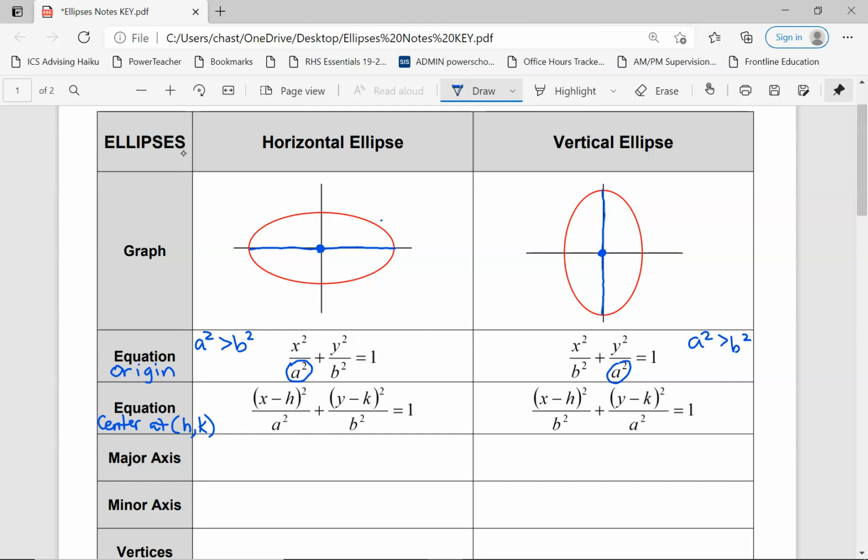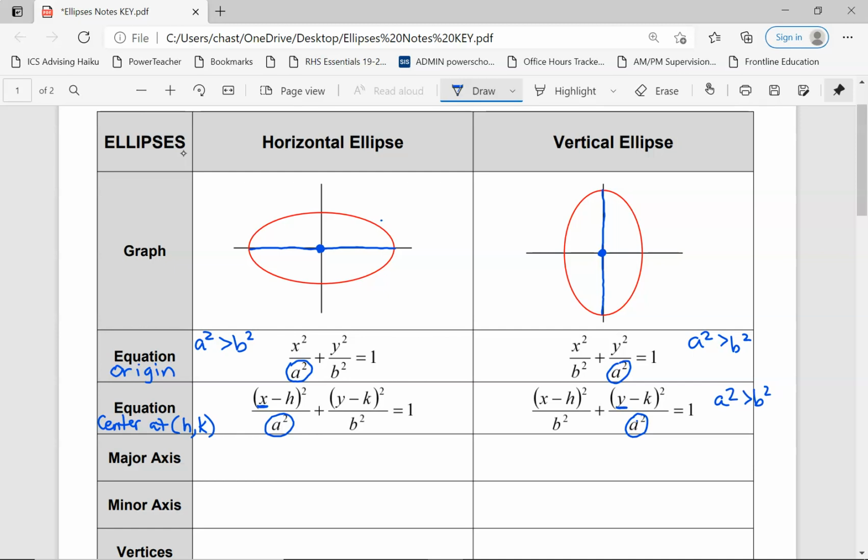If I drew a picture of this, notice that this a squared is underneath the x part. So that means that this will be one that's longer than it is tall. And in the second format, you'll see that the a squared is underneath the y variable, which means it would be tall and thin. Once again, the a squared must be greater than b squared.